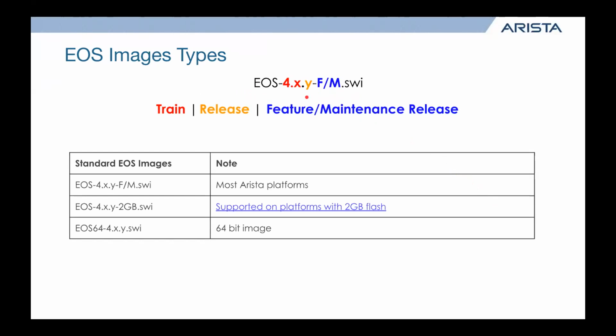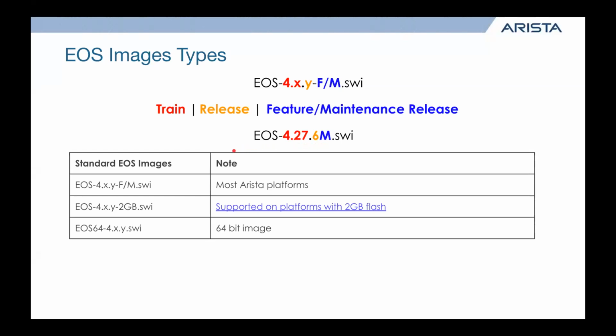F indicates it's a feature release, meaning we're adding features to that software train. M says it's a maintenance release, meaning it was created to fix defects in that software train. So if we have this software, for example, 4.27.6M, we know that's the 4.27 train running the .6 release, and then it's a maintenance release.